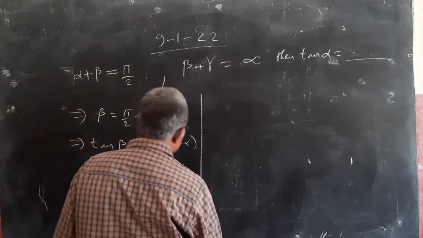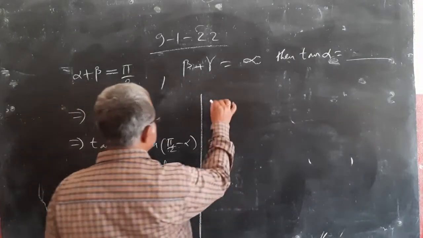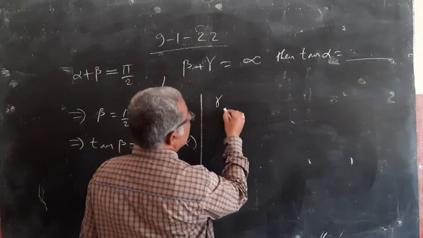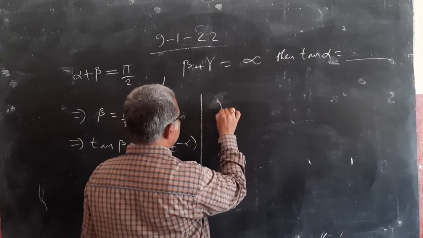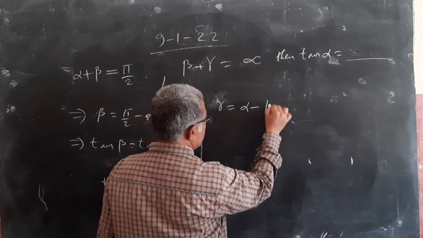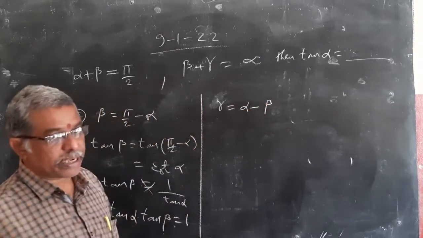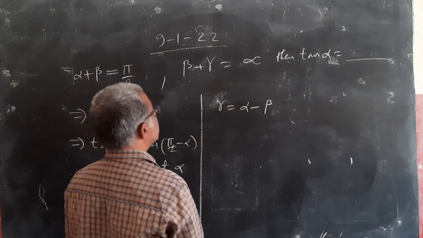Now coming to the second part, beta plus gamma equal to alpha. We need gamma, so no problem. Bring beta to that side, becomes gamma equal to alpha minus beta. Now apply tan on both sides.